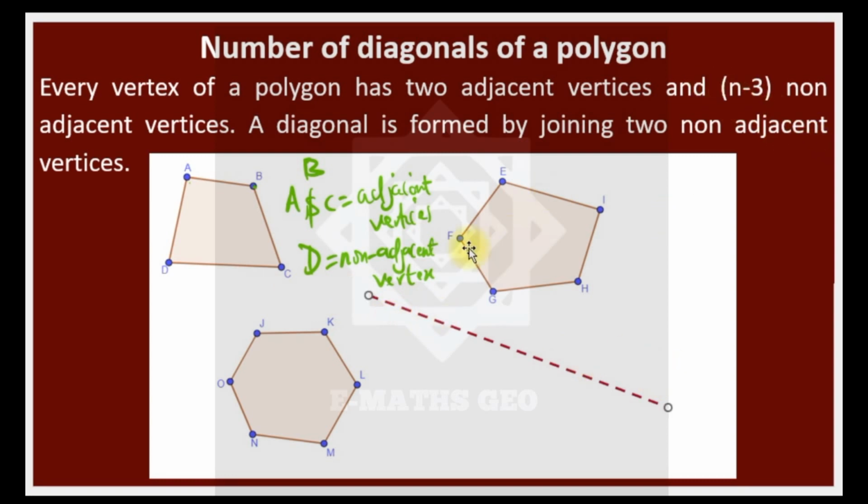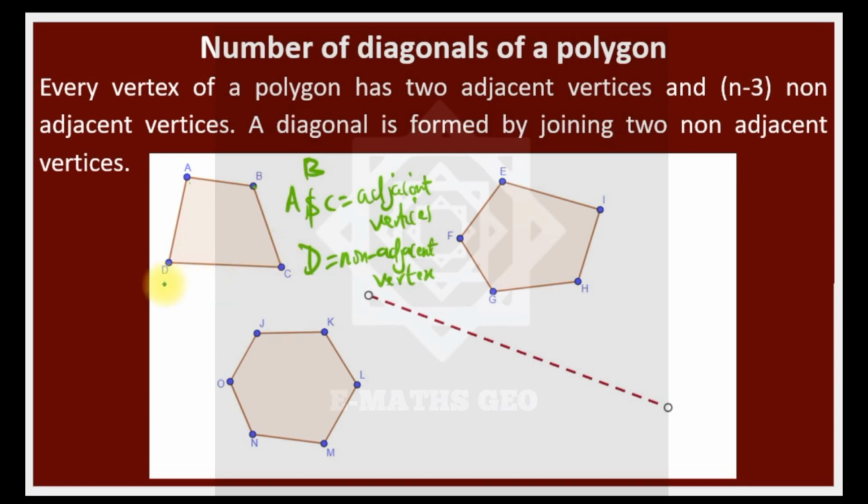So from here, you notice that they said every vertex must have n minus 3. And of course, in any polygon, n is the number of sides. So if n is the number of sides, for us to get non-adjacent vertices, we'll subtract 3, because we have 2 adjacent. And if you now do, n is 4 in this case.